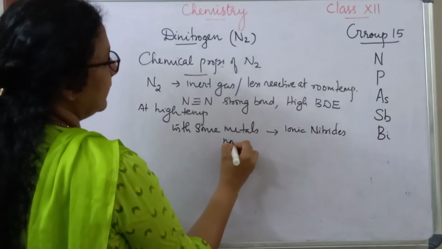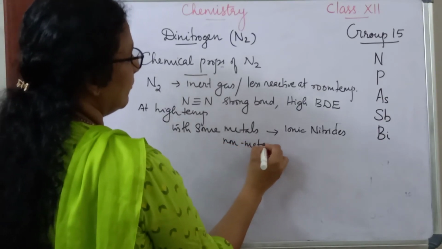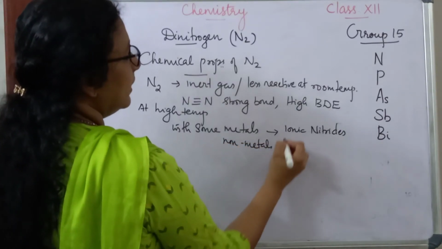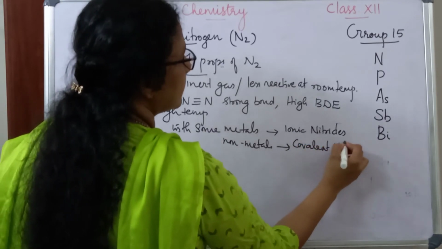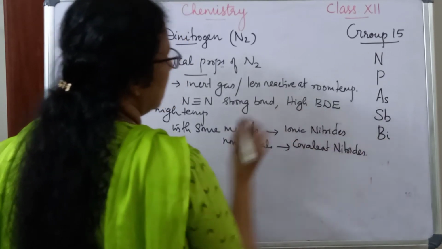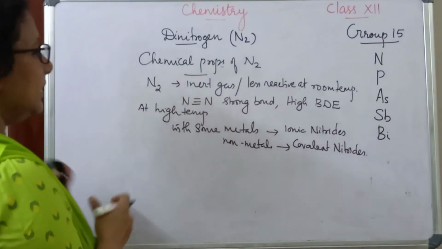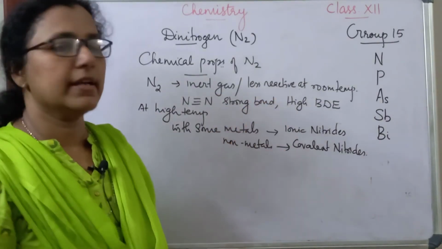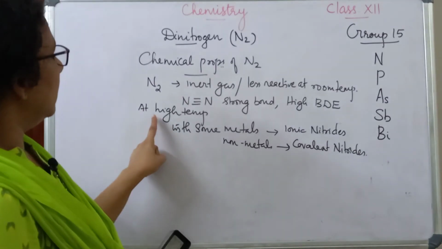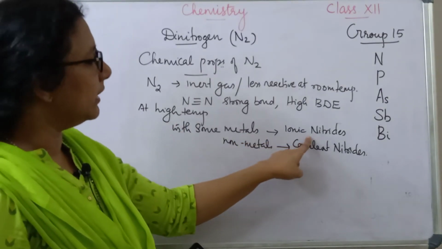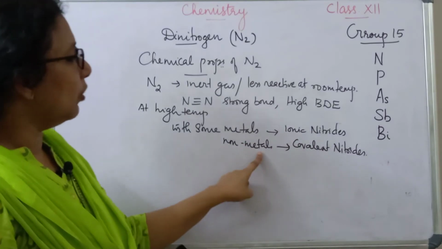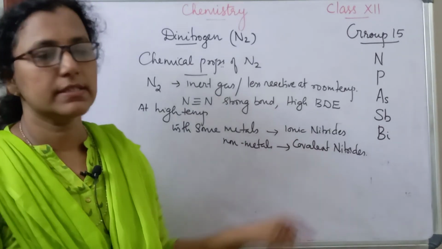With some non-metals, it gives covalent nitrides. So nitrogen is an inert gas, or less reactive at room temperature. But at high temperature, it reacts with some metals and forms ionic nitrides. With some non-metals, it forms covalent nitrides.